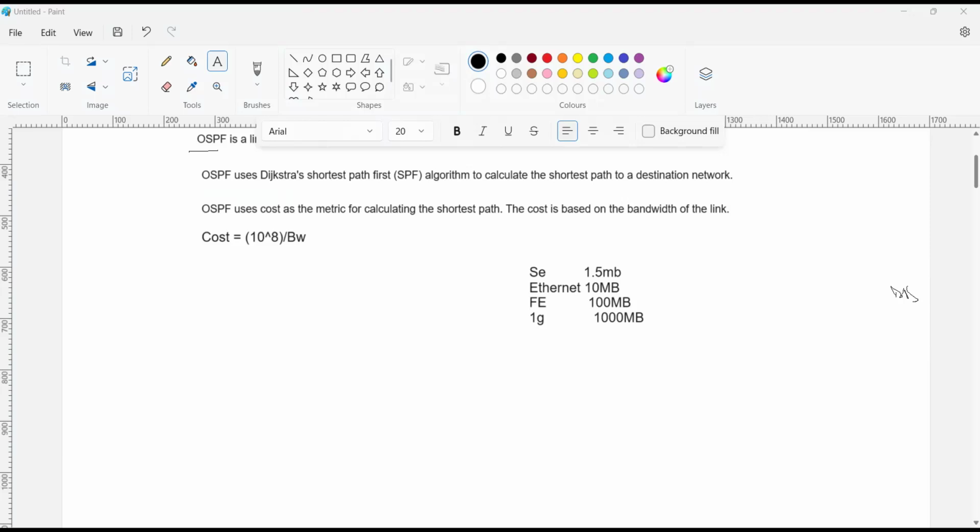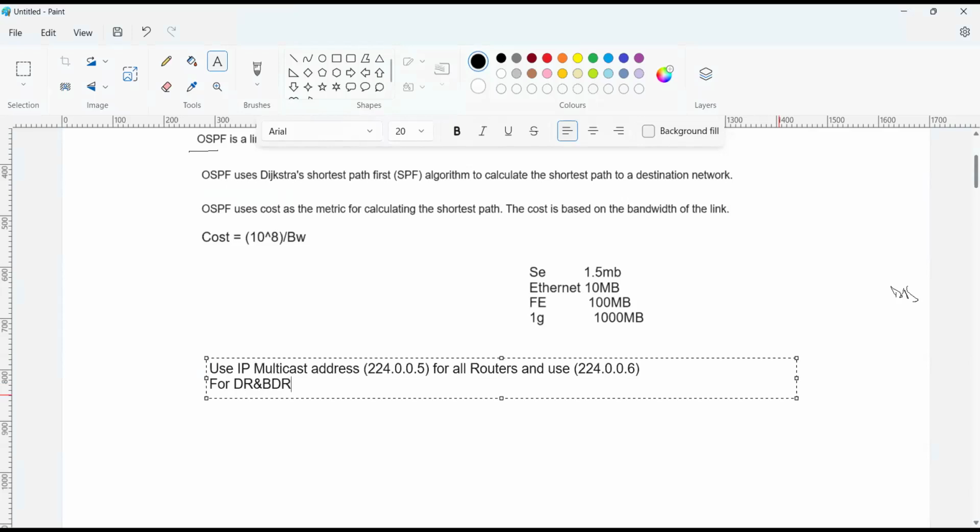Now, OSPF uses the multicast IP address 224.0.0.5 for all routers and 224.0.0.6 for the DR and BDR routers. We'll discuss in depth what DR and BDR are. Whenever updates are sent, they use 224.0.0.5 and 224.0.0.6.